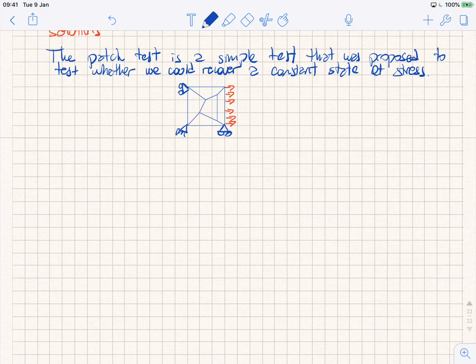And if I can recover a constant state of strain, that means that, so if my solution is linear, in this case the solution is linear, then my stress is constant.